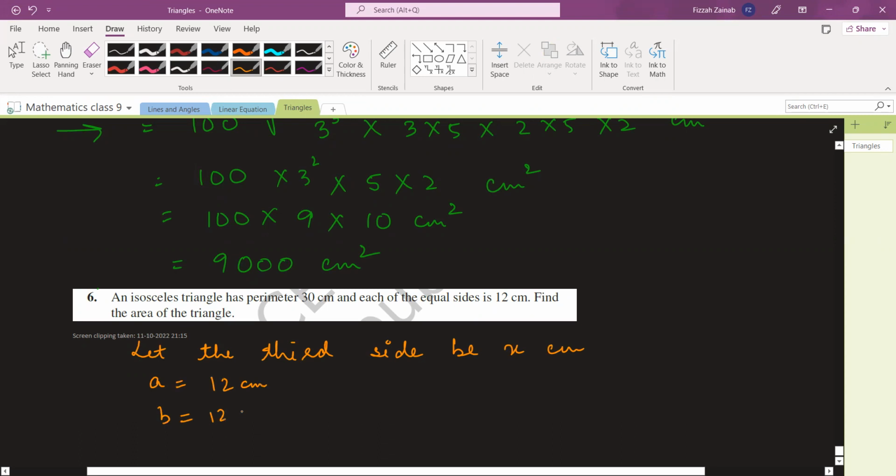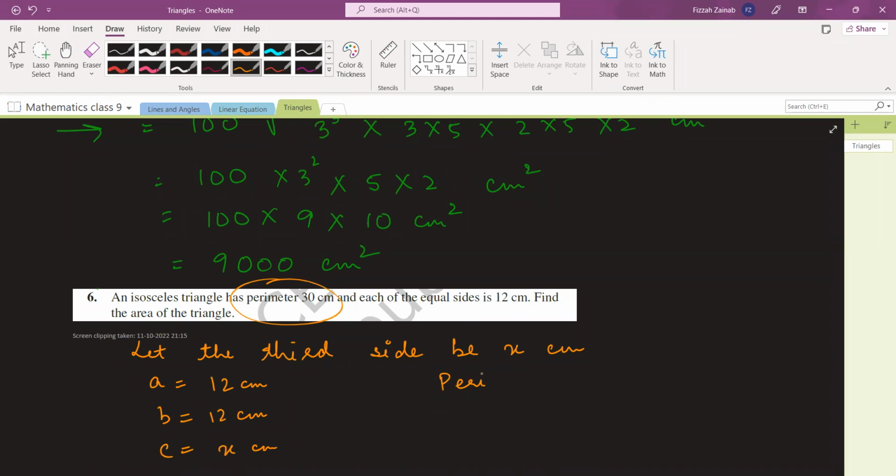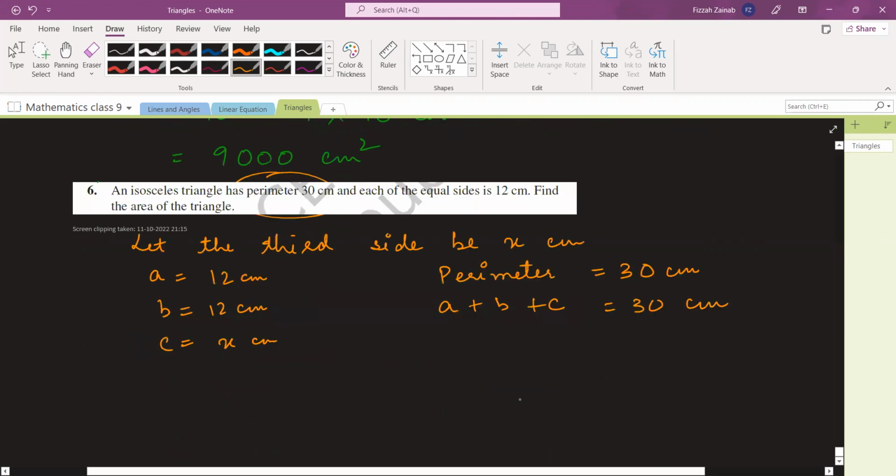B is also 12 centimeter and C is x centimeter. Now perimeter is given. That means sum of all the sides is given. So A plus B plus C is equal to 30 centimeter, given. So A is 12 plus B is 12 and this x is equal to 30 centimeter.